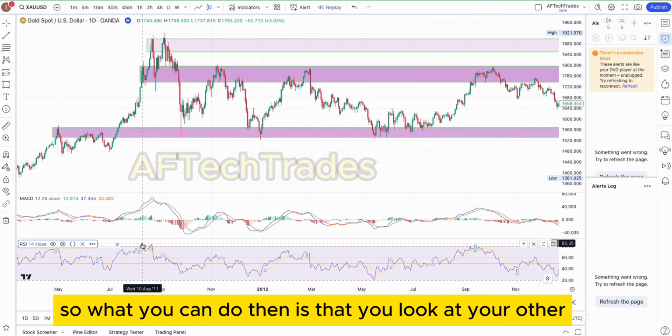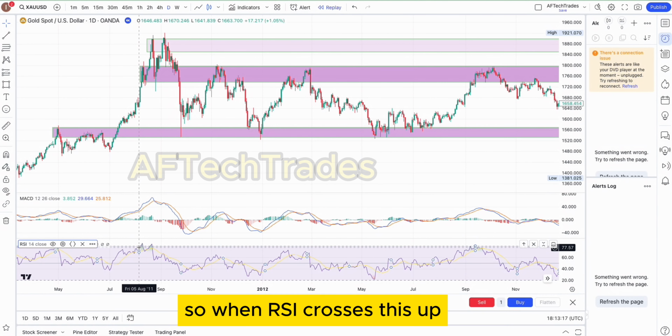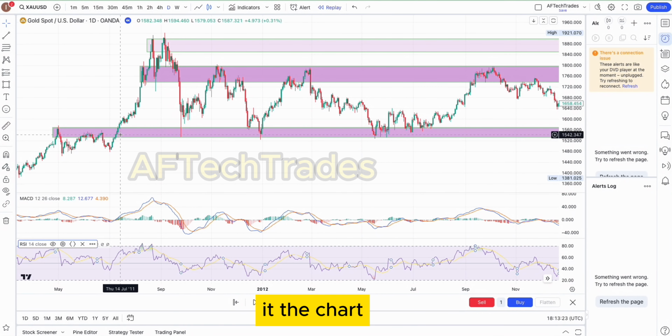So what you can do then is look at your other confluences to see what they are telling you. So when RSI crosses this up, then look at the chart, what's happening.